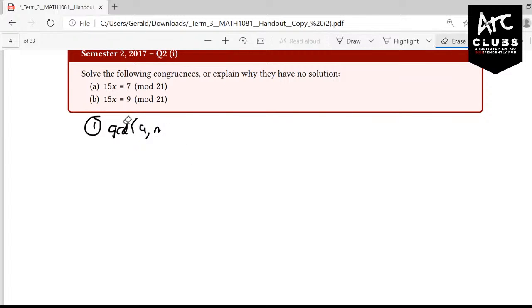Okay, so if we have this congruence relation, let's do it like this.